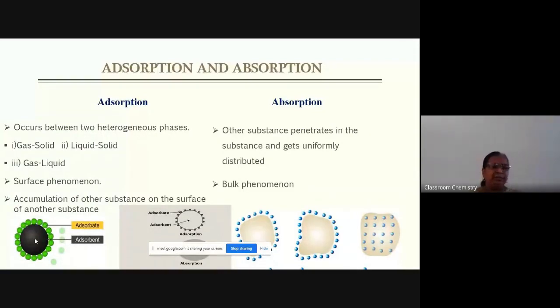These do not penetrate in the body of that substance, and thus the adsorption is the surface phenomenon. It is the accumulation of other substance on the surface of the another substance.